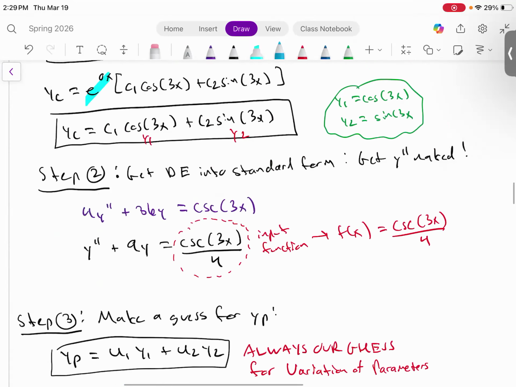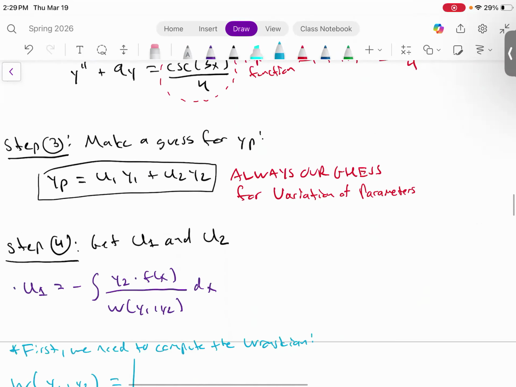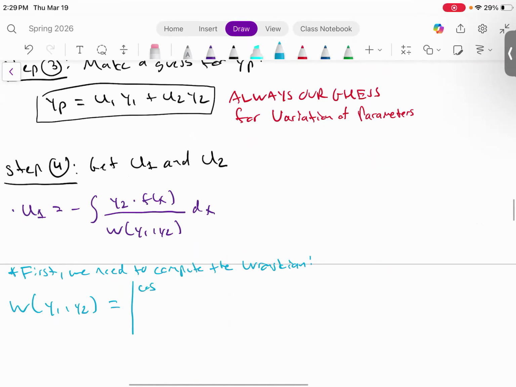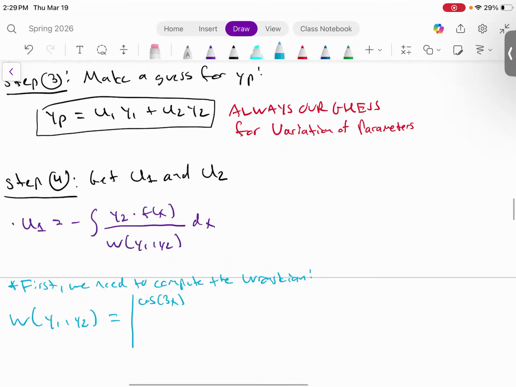My y1 we said was cosine 3x, and my y2 is sine 3x. And the derivative of cosine 3x is negative 3 sine 3x. And the derivative of sine 3x is 3 cosine 3x. Just be careful with that chain rule.